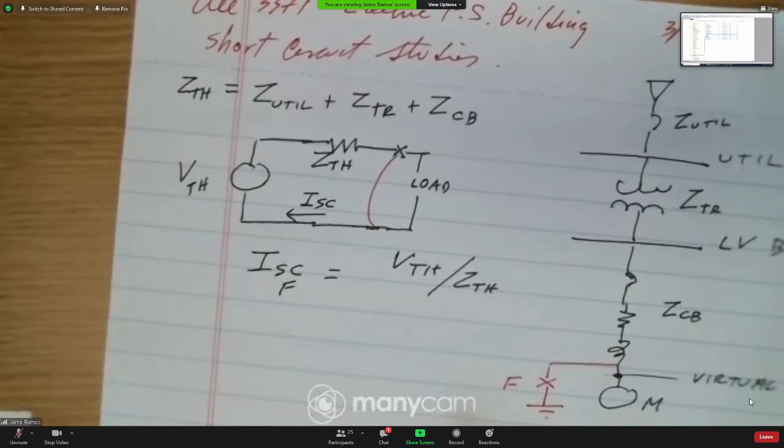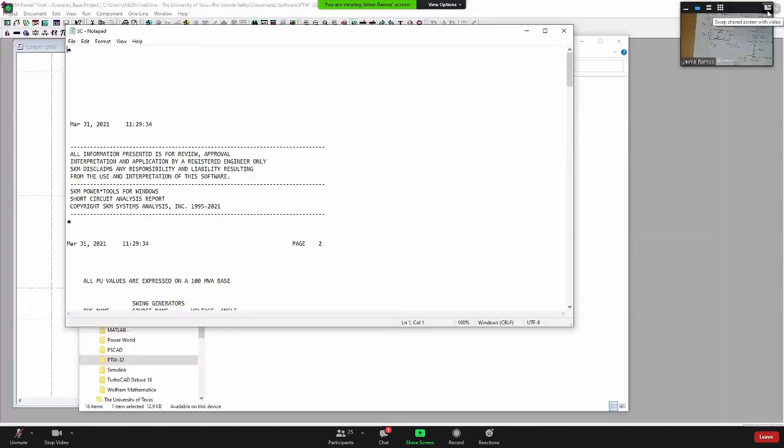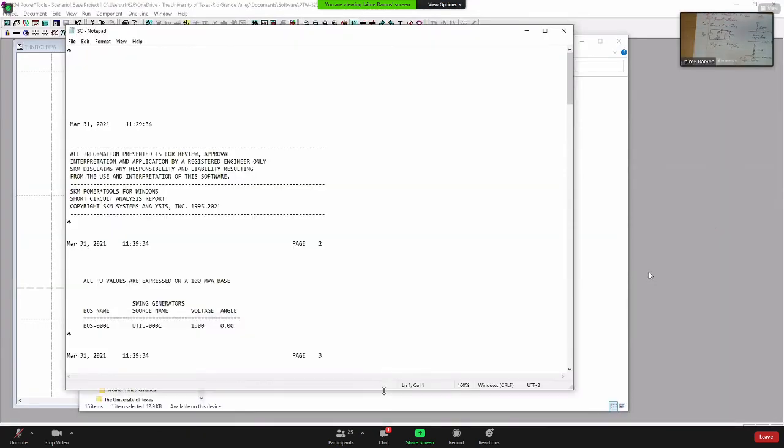So let's open the short circuit file, this file here. Let's see, what are we going to do? Short circuit analysis data from fault analysis summary.